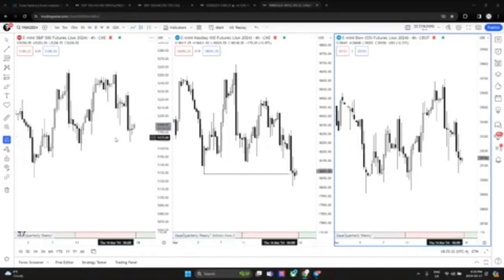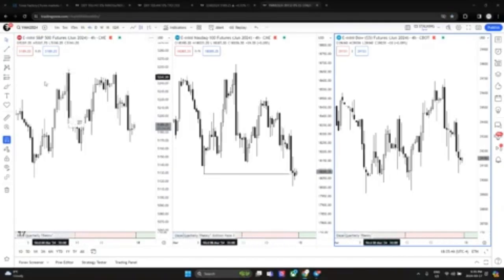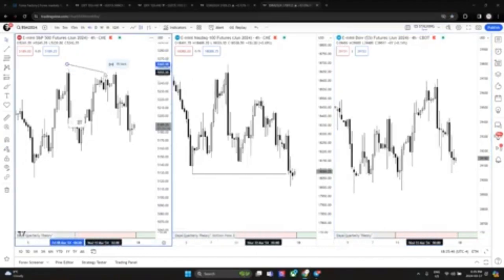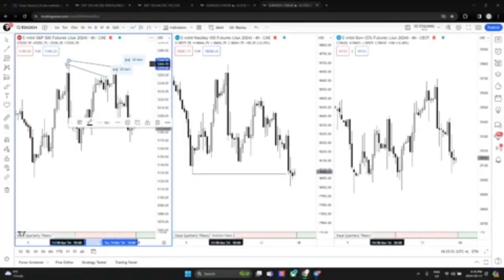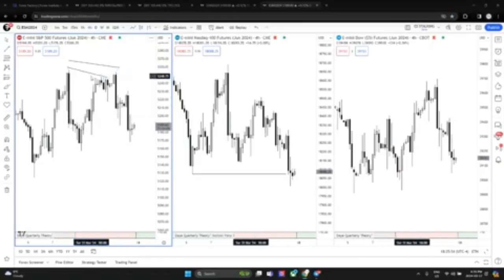low probability conditions. You don't just see this right here, because this was sequential SMT as well between this high and this high. This was sequential SMT. But this was the real sequential SMT. And why did this one not allow price to just keep falling?